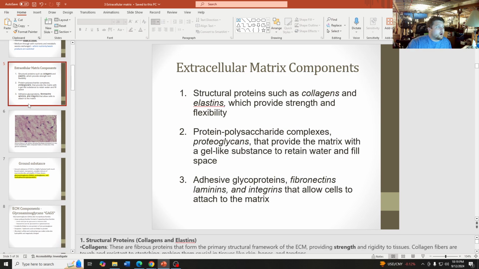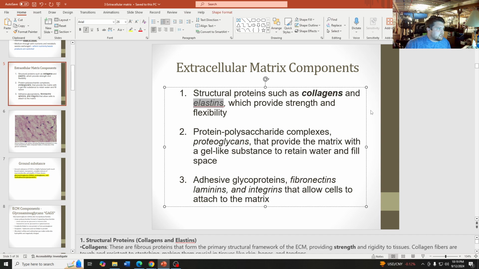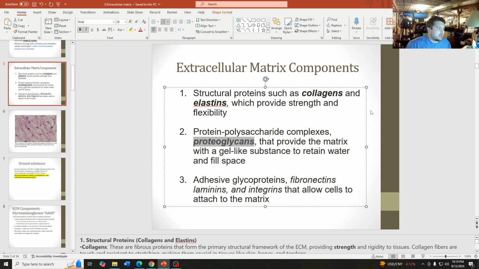When we look at the components, we have structural proteins, such as collagens and elastins. We have the protein polysaccharide complexes, those proteoglycans, which we've seen before.